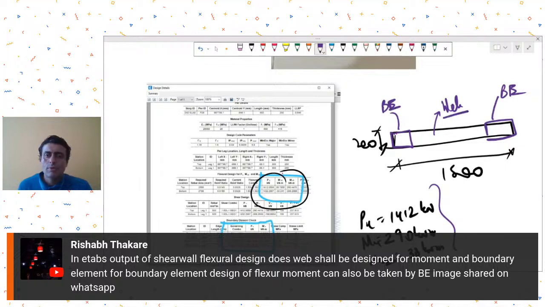Let's say you decide to provide a boundary element of 400 mm, or 300 mm. I have not even checked the stresses. I have straight away decided to provide boundary elements because they are a good element to have in our walls. So now how much web are we left with? 900 mm, let's say. Now imagine that ETABS gave me the design output as whatever.